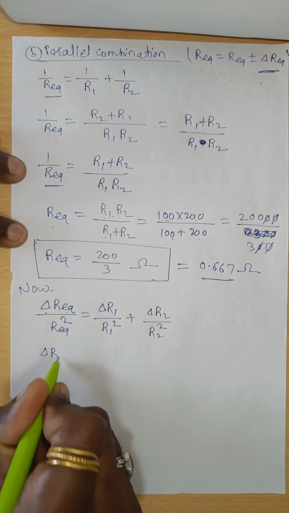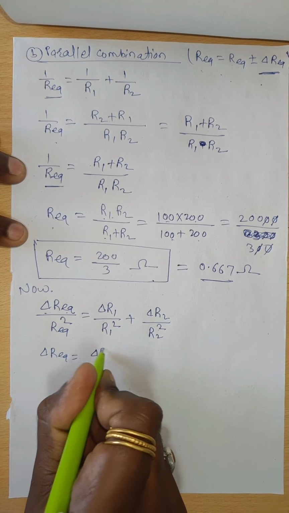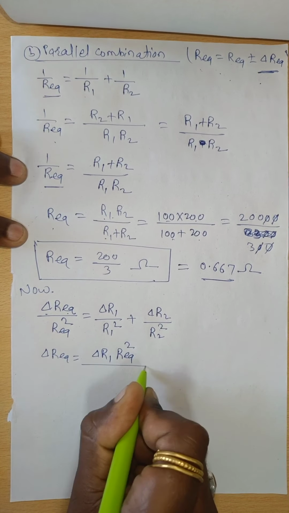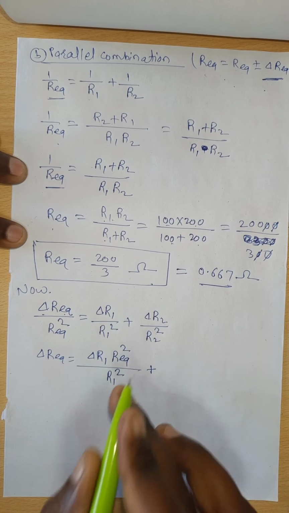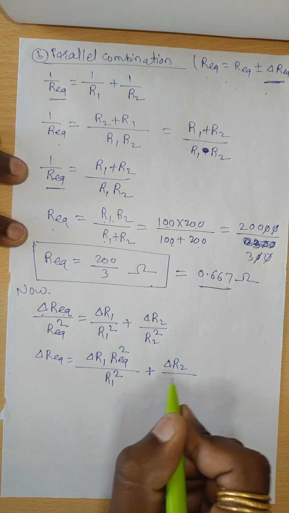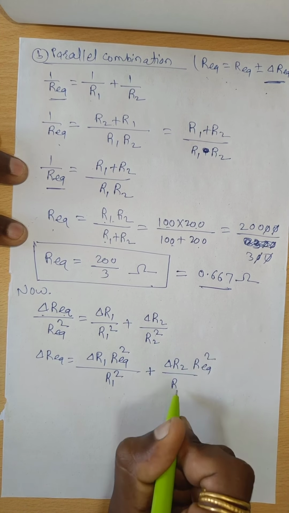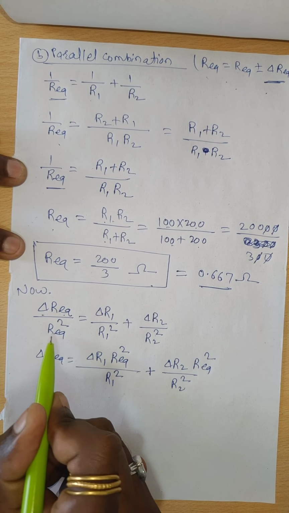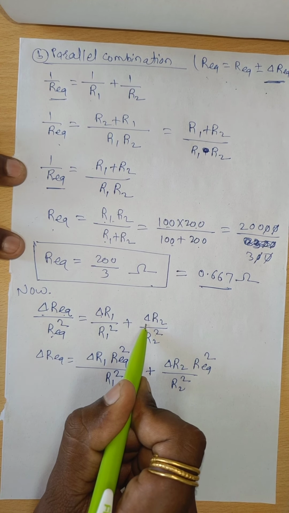Therefore delta R equivalent is equal to, taking cross multiplication, delta R1 into R equivalent square divided by R1 square plus delta R2 into R equivalent square divided by R2 square. This is cross multiplication of the first term and of the second term.